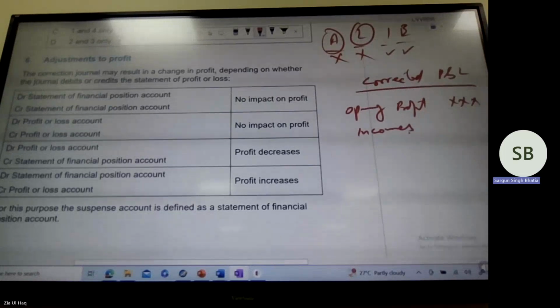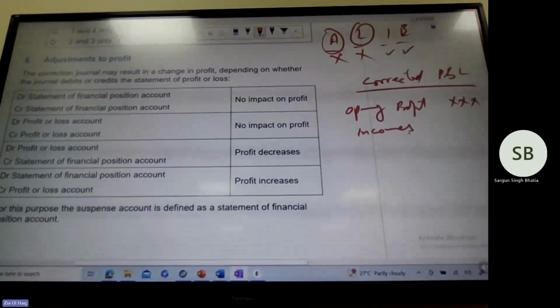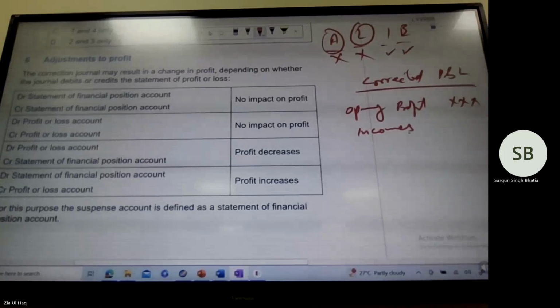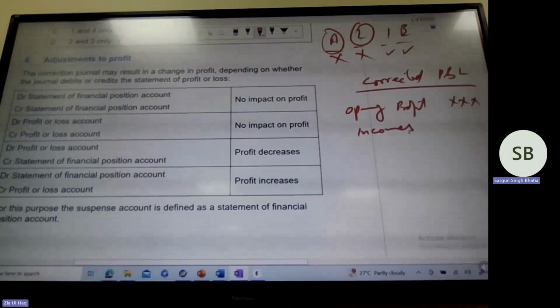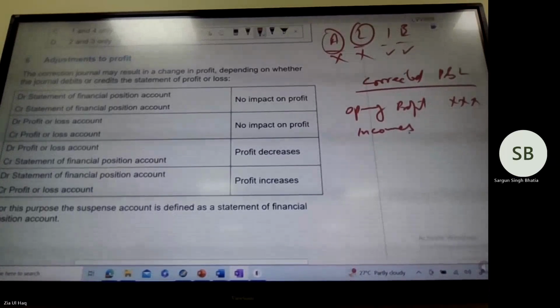Will income increase profit or decrease profit? If you are earning income, will your profit increase or decrease?